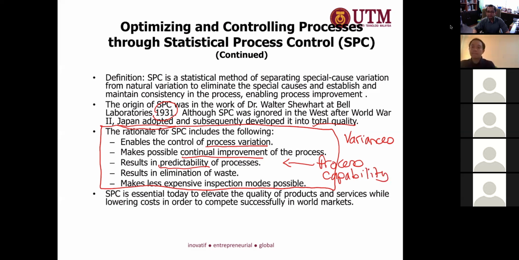You want to know your level, whether you are world class or vice versa. And definitely, when you know your status, you can use SPC for eliminating muda, the Japanese word, muda. Maybe you can reduce cost on inspection as well.